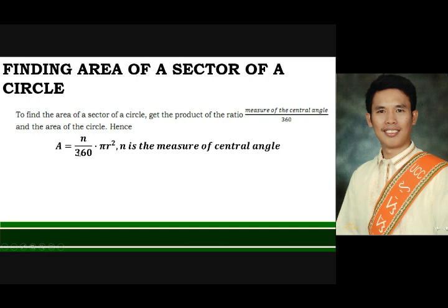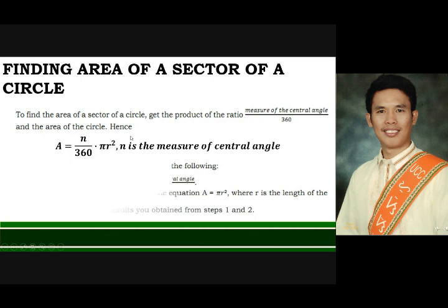Where the formula is n over 360 degrees, where n represents the measure of your central angle, multiplied by pi r squared. R represents the radius. Where pi, pwede natin gamitin na 3.14 kung meron kayong calculator. Kung wala, pwede natin gamitin si pi as itself.